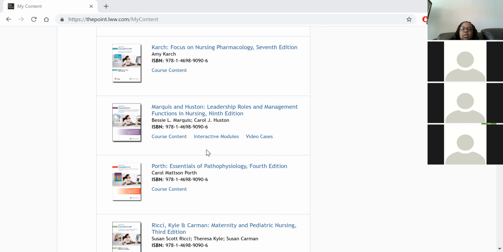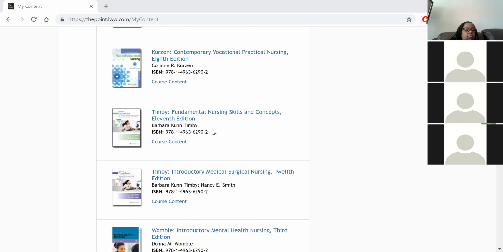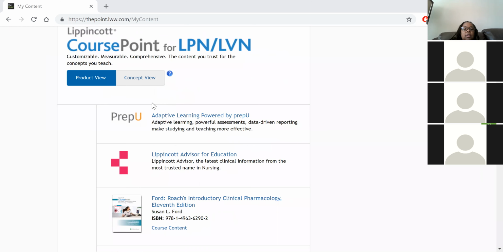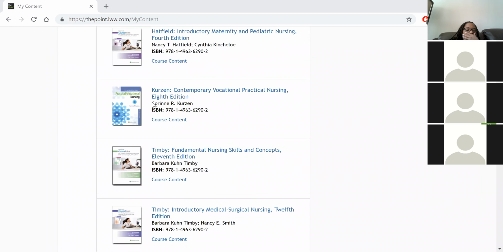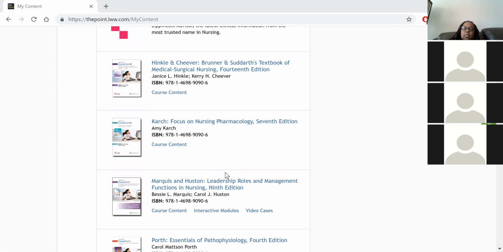All right. So can you see my Lippincott CoursePoint? Yes. Yes. Okay. So I have J1 just as well. And I also have the things that are in the J2 concept.